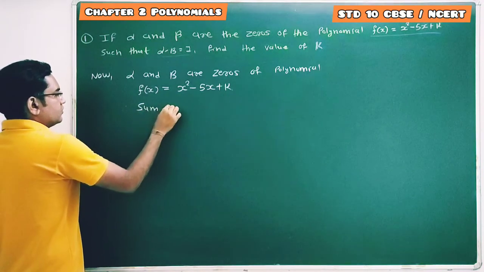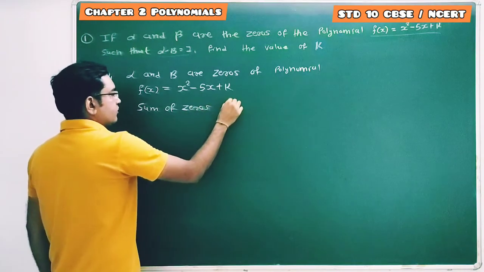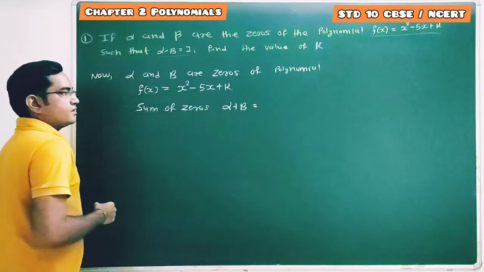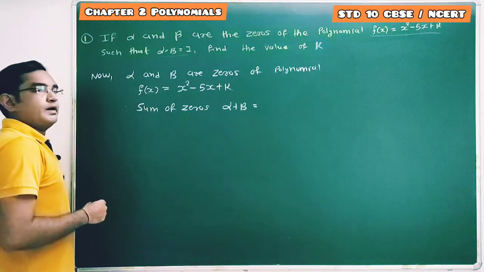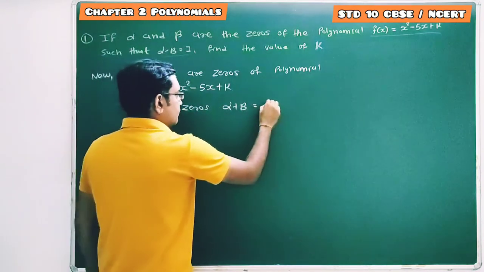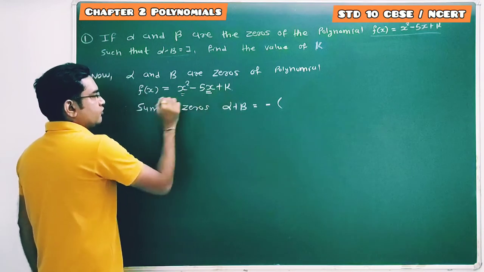Sum of zeros. We know the sum of zeros and product of zeros. Sum of zeros is alpha plus beta, which is given as minus b by a, that is minus of coefficient of x upon coefficient of x square.